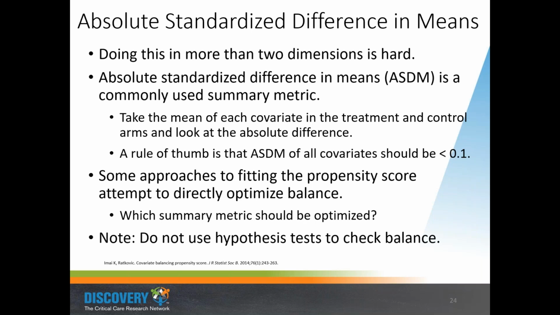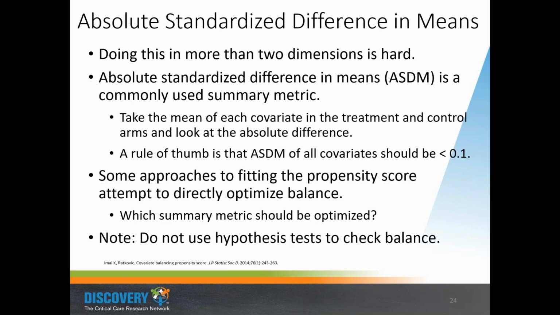And a rule of thumb that people use, and to clarify, there is no mathematical or epistemological reason for this, but it is a rule of thumb that is used, is that all covariates should have an absolute standardized difference of means less than 0.1 for you to feel good about how even these two samples are.